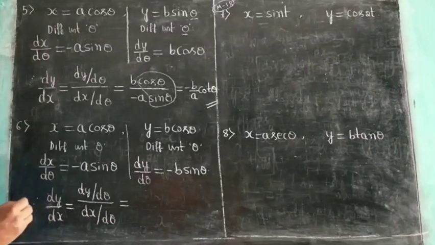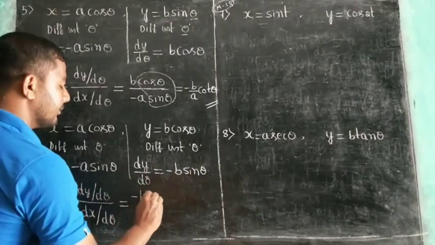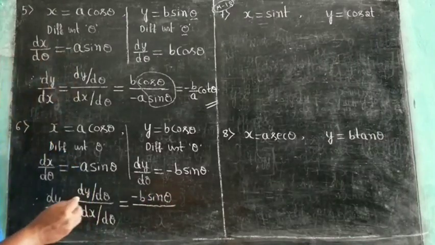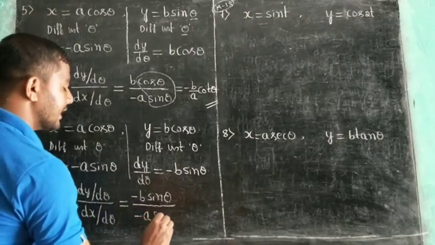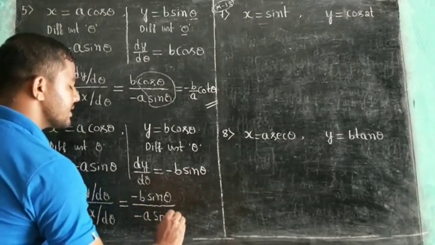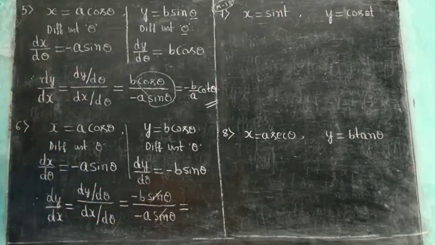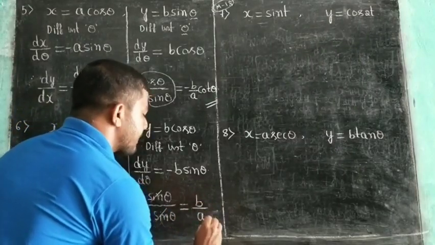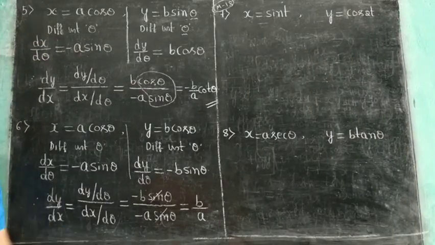That value is equal to dy by d theta is nothing but minus b sin theta whole divided by dx by d theta is nothing but minus a sin theta. Is equal to, here sin theta are cancelled, minus are cancelled, so final answer is b divided by a is the final answer.